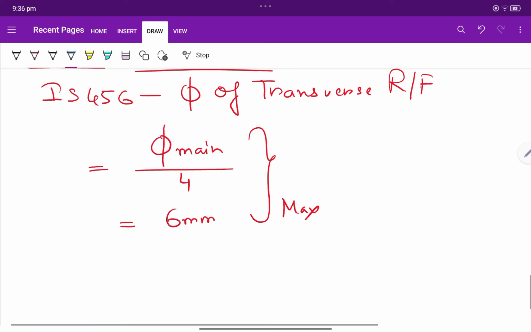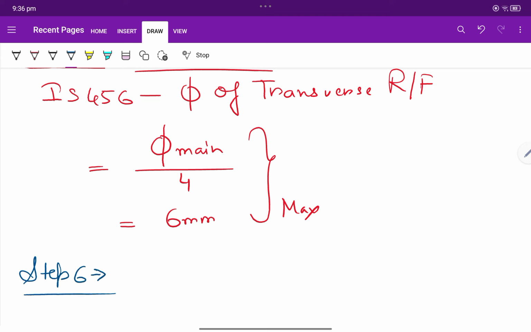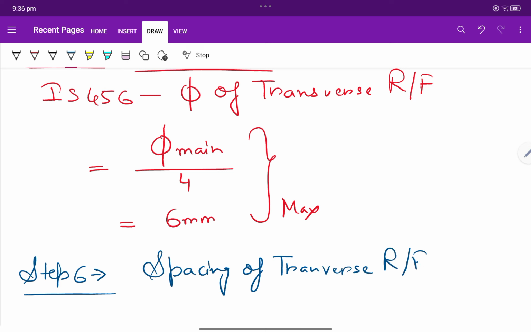Okay, step 6 is the spacing of transverse reinforcement or lateral ties.